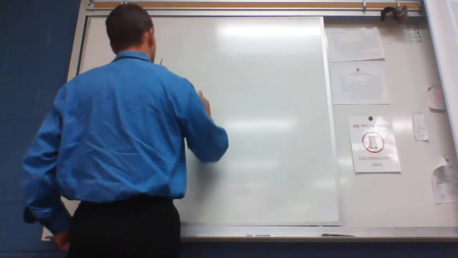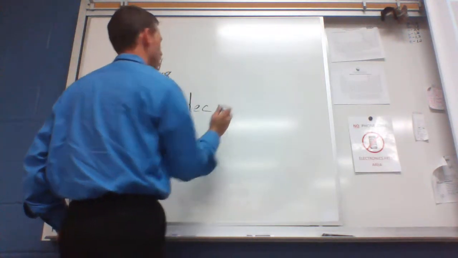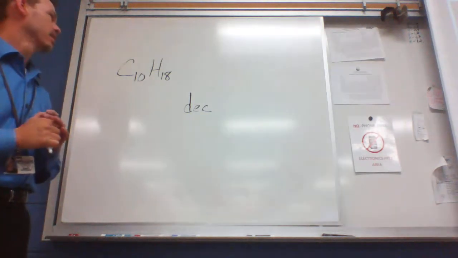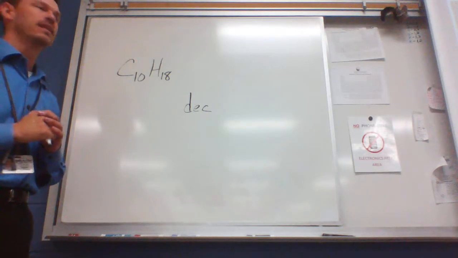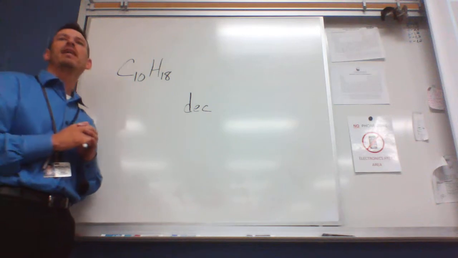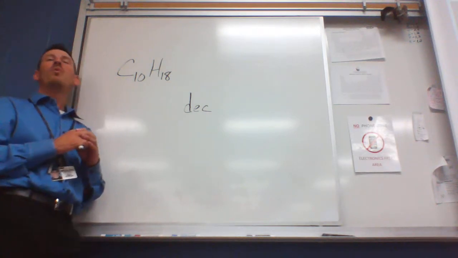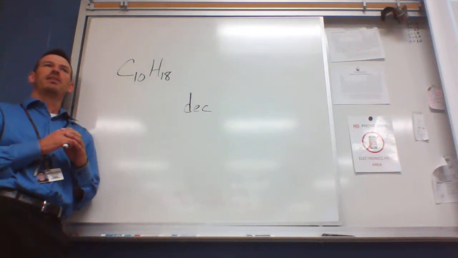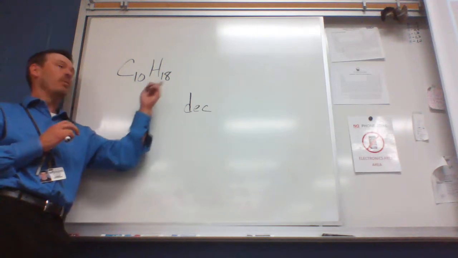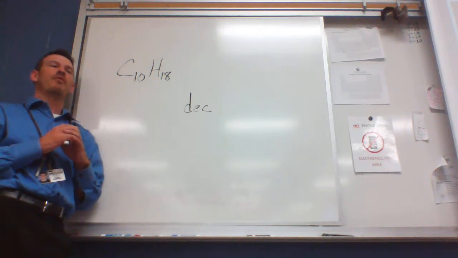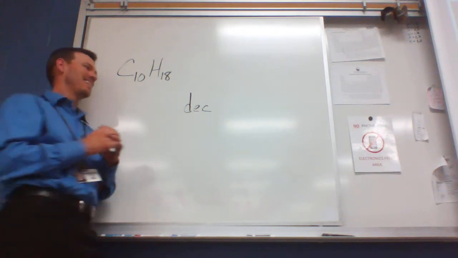Dec, because the number of carbons will give us that prefix. And then we want to know how we get from 10 to 18. We always double 10, so 10 doubled is 20, which is not what that number is. Then to get from 20 to 18, the suffix must be yne. This is decyne.